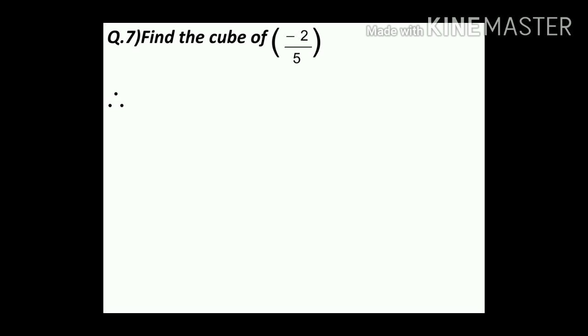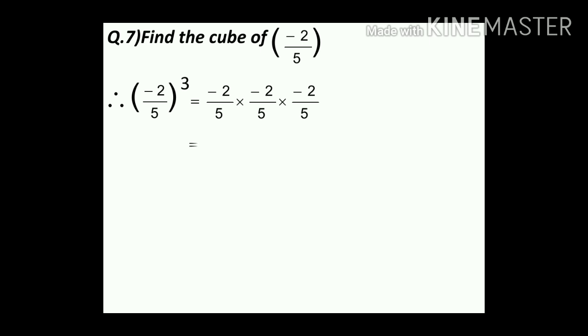Therefore, minus 2 upon 5 raised to 3, because here we are finding children cube equal to minus 2 upon 5 into minus 2 upon 5 into minus 2 upon 5. We have to multiply by itself number 3 times children.